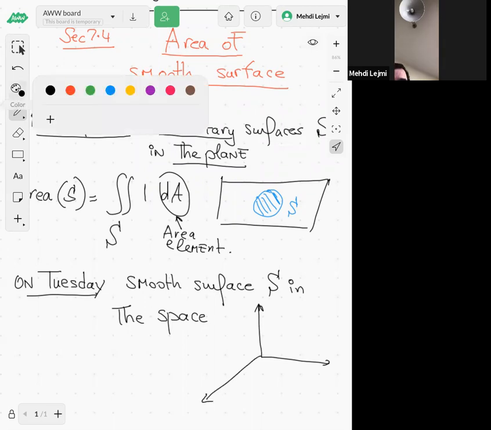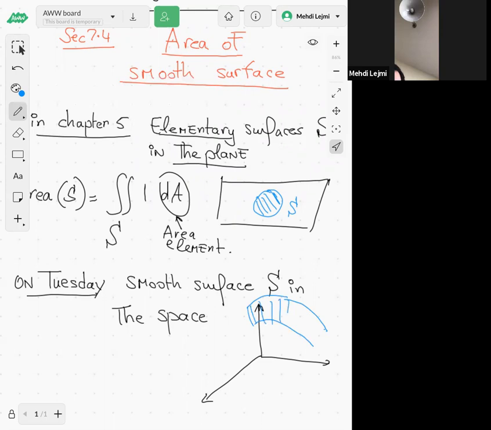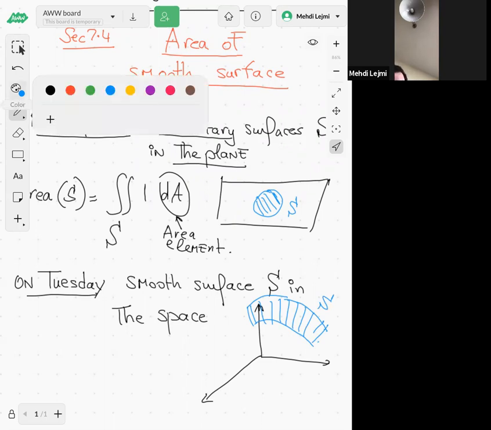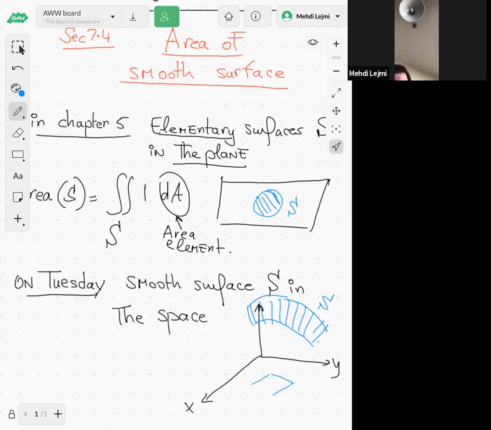So your surface S could be just some random surface in space. It could be in the XY plane, like this is X, this is Y. This is another surface here, which lies on the XY plane. But now we can also compute the area of some surface which lies in space, not just in the XY plane, right?